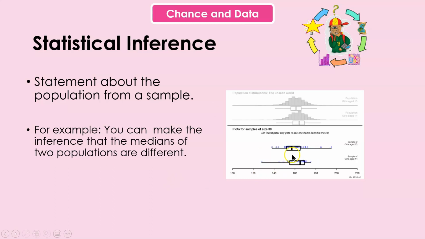You can see that even in the different samples, you can see a pattern where we end up with heights being higher for the 14-year-old girls. And that's what's seen in the population. If we saw the population, we wouldn't bother to do a sample. But you can see that even when we do take a sample, they're never the same, but they can show an overall trend of what the population looks like.